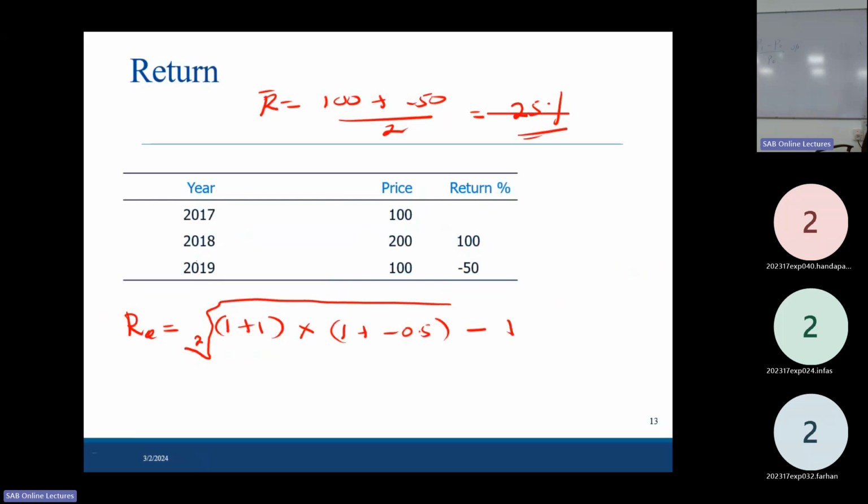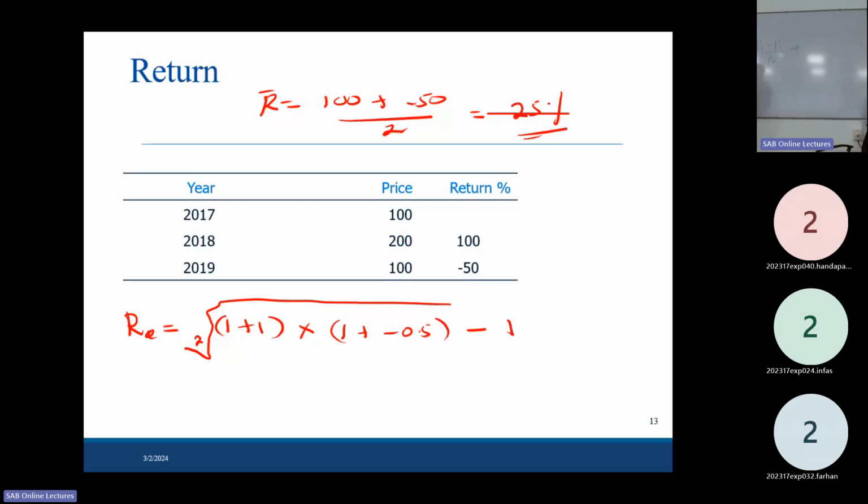But the R bar you have calculated was 25%, it is an overestimation. Really, during this 2 years period, you are not getting 25% compounded return. Because when you calculate with the average return, you consider each observation independently and they are equally weighted. So therefore, you are getting a value like 25%. It is an overestimation.